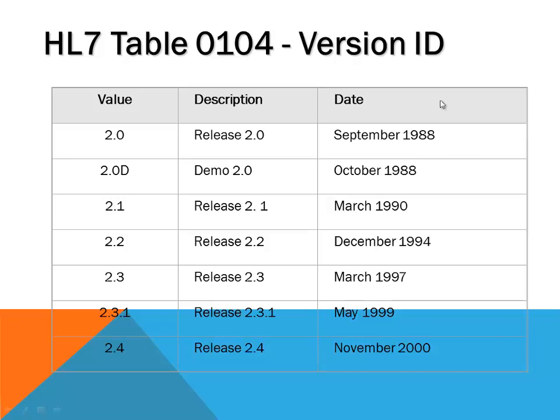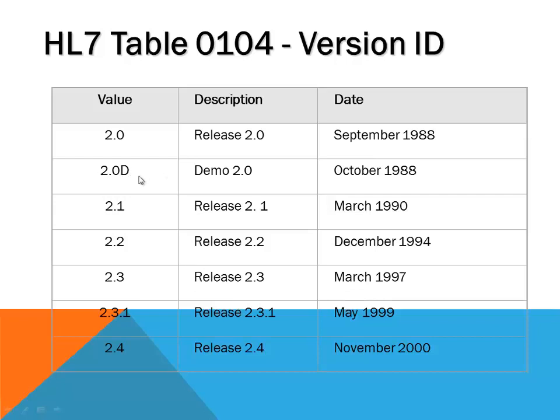Just now we talked about the version ID. This kind of value will come from HL7 table 0104. So see here, the value can be 2.0, which means release 2.0, released in 1988.